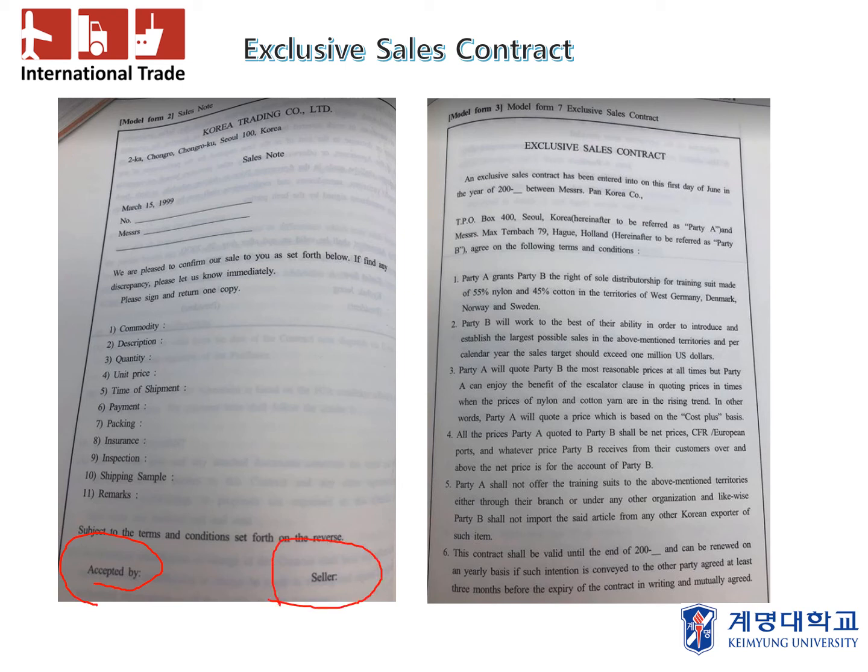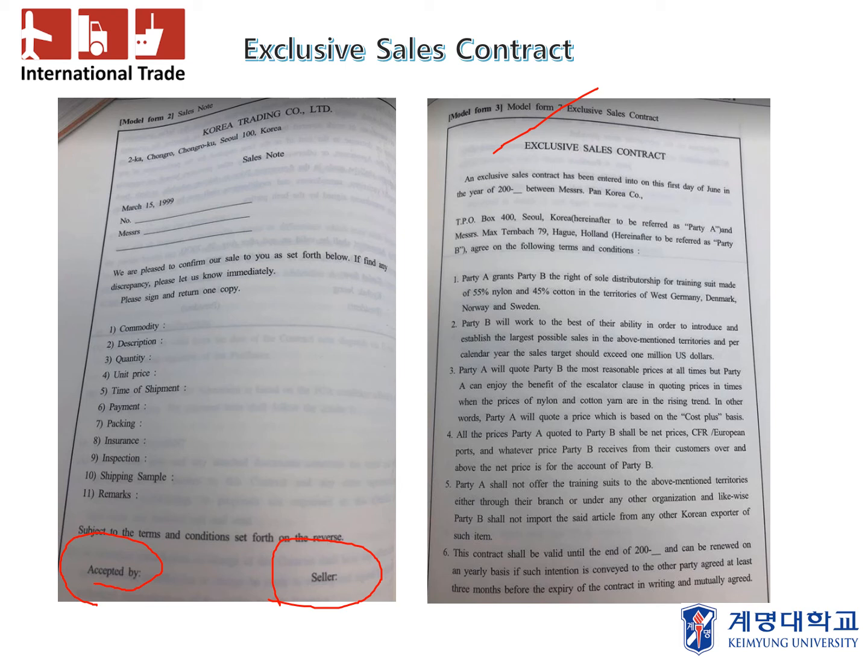Now let's move on to the exclusive sales contract. Exclusive sales contract is another form of contract for selling. It is mostly in detail. You could see the specific duties and responsibilities of the buyer and the seller.